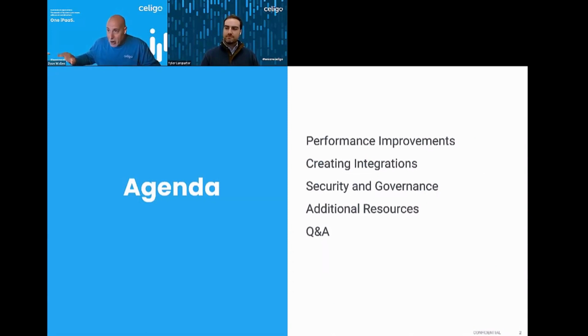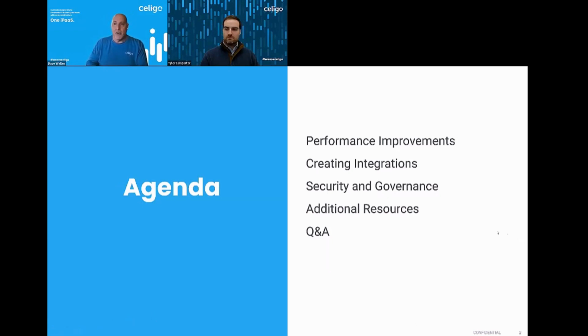So, our goal today is not to repeat everything in the release notes. They come out with every release, but to provide some color and depth around the new features and updates that will have the most impact for all of you out there. We've organized today's content into three major categories. We're going to talk about performance improvements to the platform, new functionality to improve and simplify the process of creating integrations, and some new security and governance capabilities.